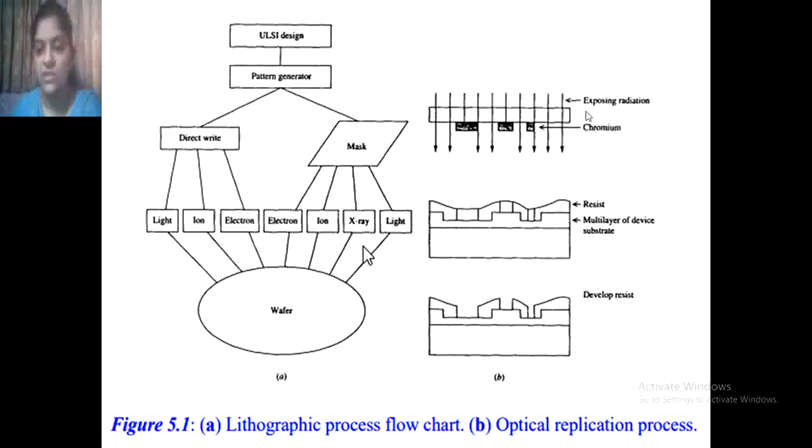Here there is a substrate and over it the chromium mask, and we expose ultraviolet radiation, but the rays are stopped by this material, and only through the open spaces does the radiation reach the device, a substrate with a multilayer device and a resist layer over it. Where the resist is not protected, it will be etched, and the developed resist will remain.